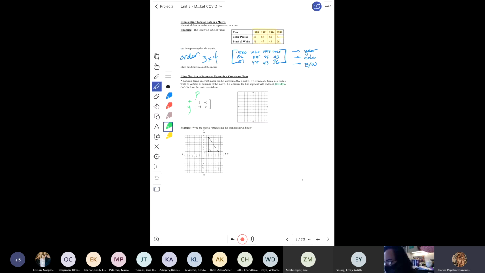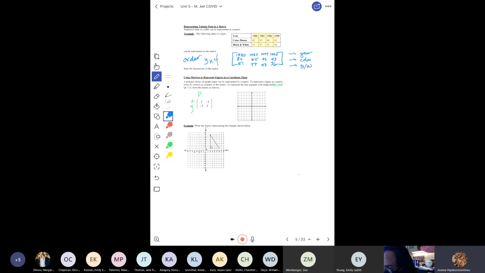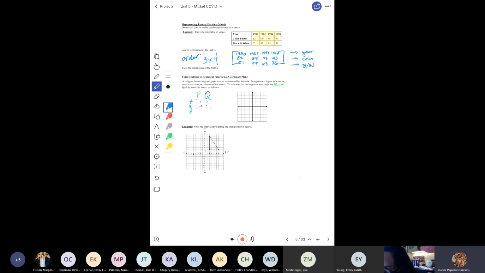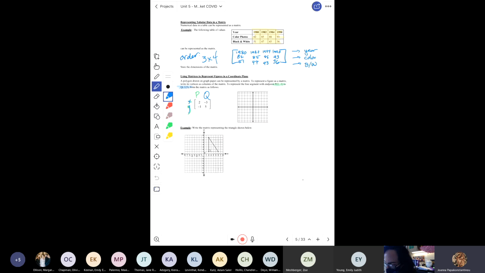The second column is going to represent the point Q, that again has an x value and a y value corresponding to this point. Now, could I have switched it? Could I have written my columns as the x and the y value and my rows as the p and the q?